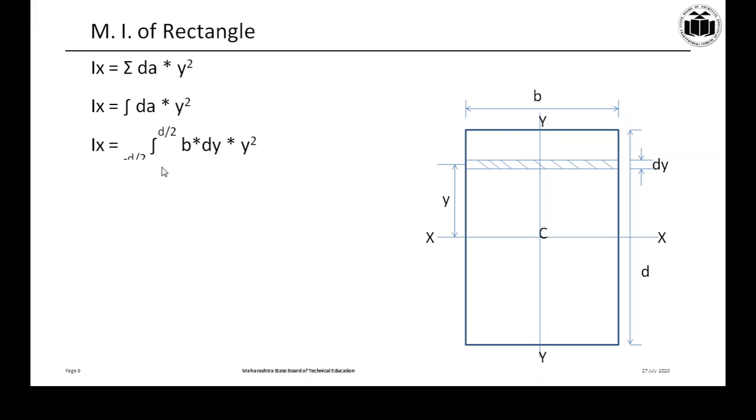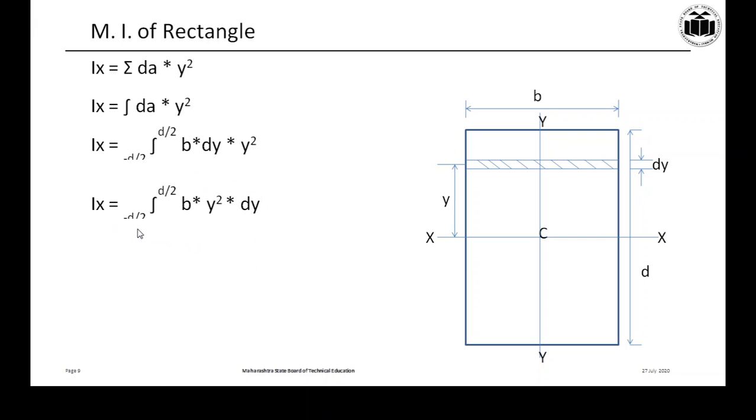This lower limit is for the position of this strip at the bottommost level. If the strip is moved here, this distance y will become minus d by 2. And the upper limit d by 2, if I draw this strip at the topmost level, then for that strip this y will become d by 2.